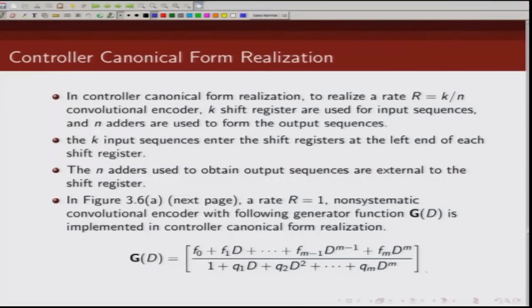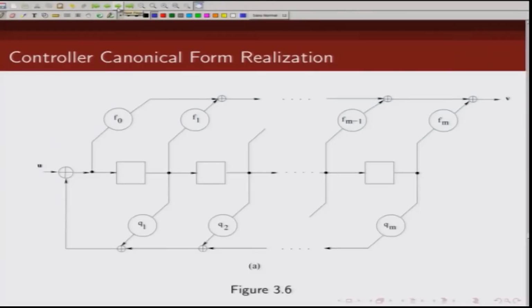How can we implement this using controller canonical form realization? Let us go back. We are going to use k shift registers. This is a rate 1, 1/1 encoder, so there will be only one shift register. We use one shift register corresponding to one input sequence.